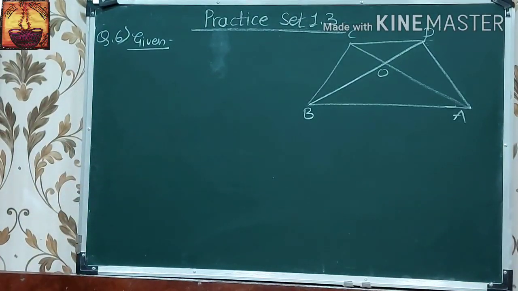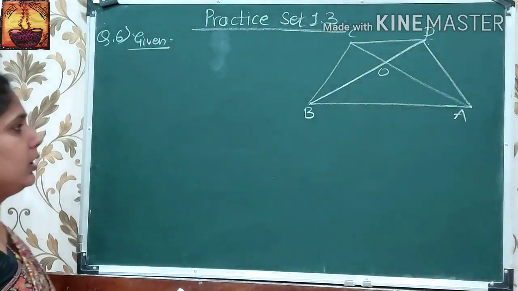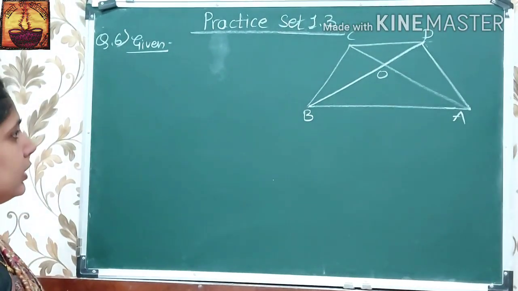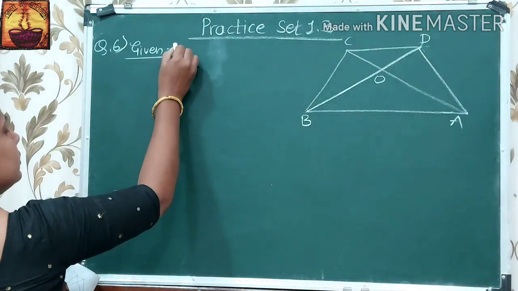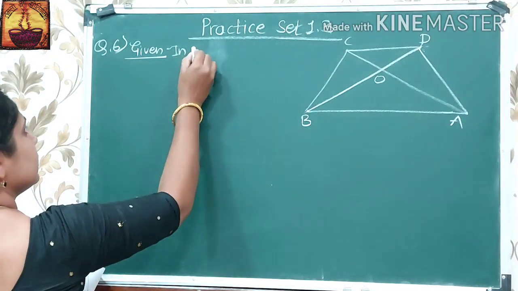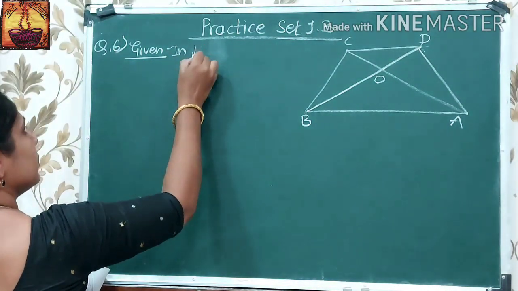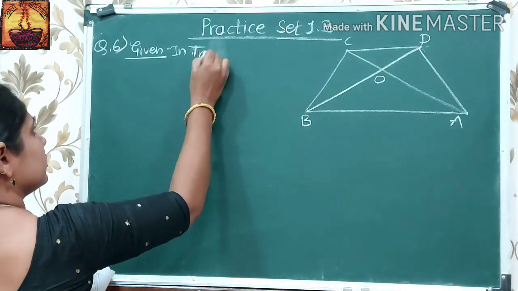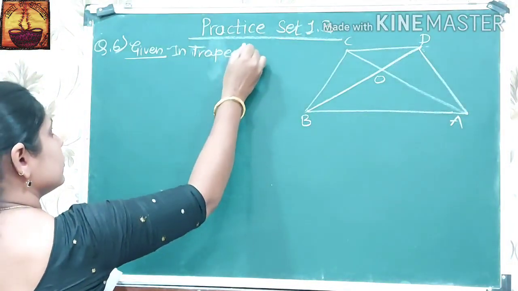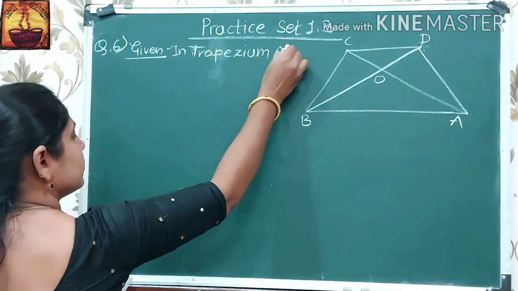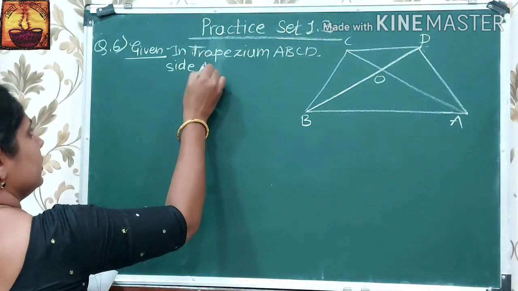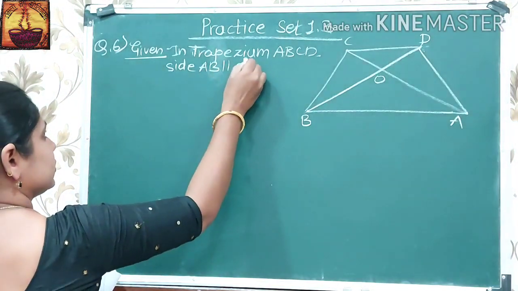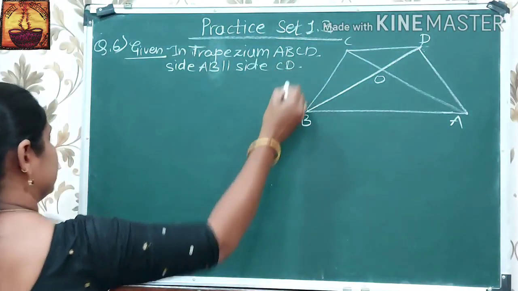Now, the sixth question is: in trapezium ABCD, side AB is parallel to side CD.